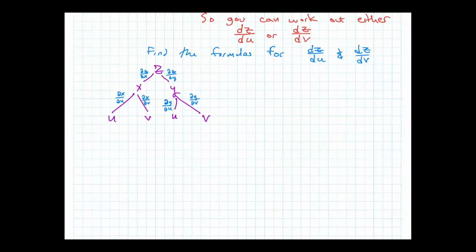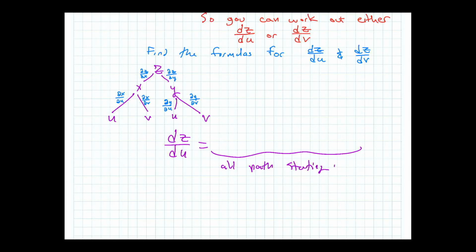So when we're going to do the formula for dz/du, remember what you're looking for is all paths starting at z and ending at u.